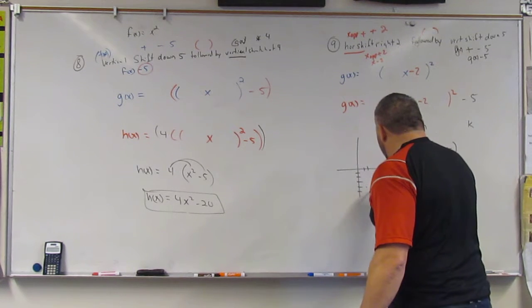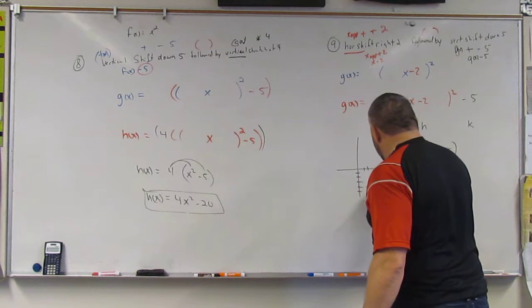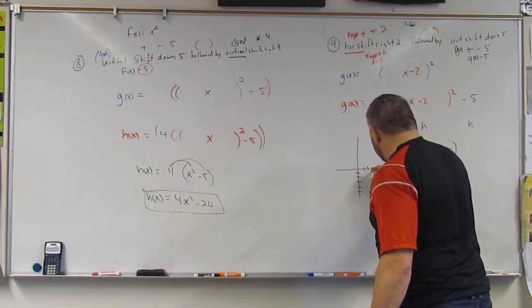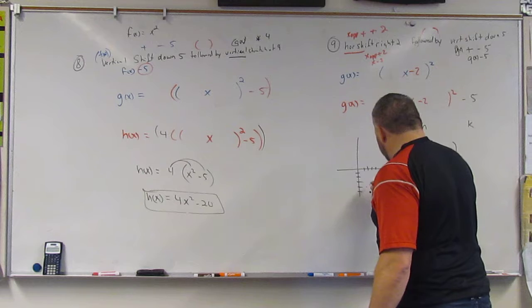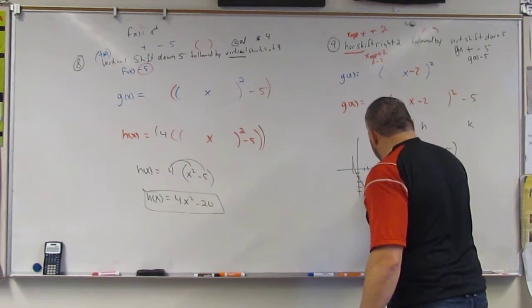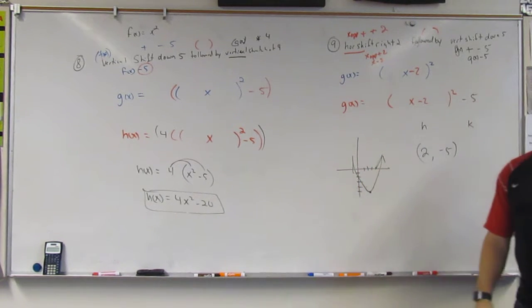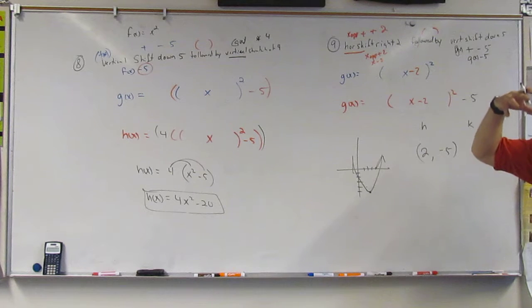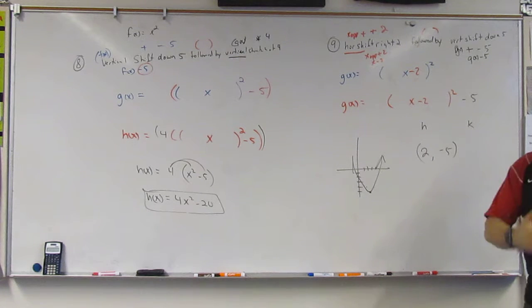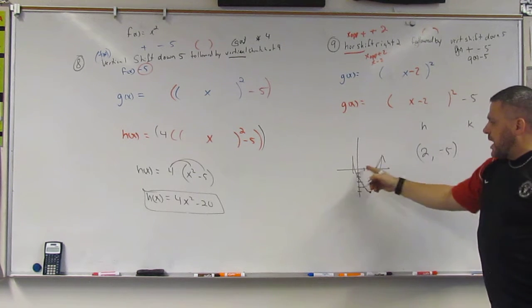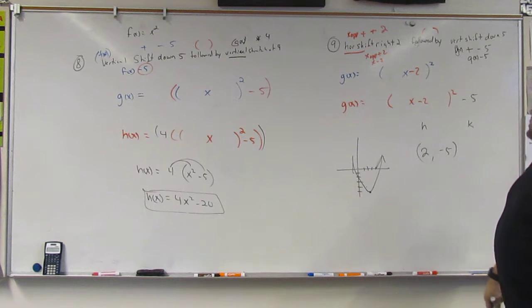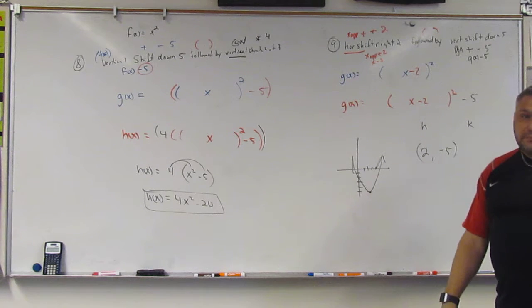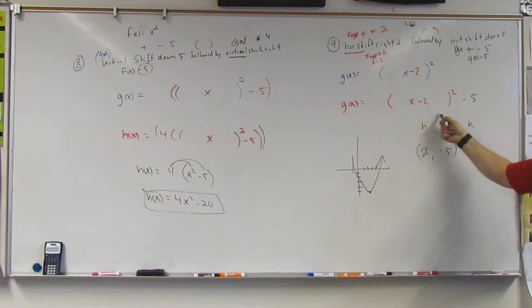So I go over 1, over 1, over 2, up 4. Over 2, up 4. It's the same function, right? It didn't get stretched, in other words. It just got moved. Right 2 and down 5. Okay? So that's the vertex form.